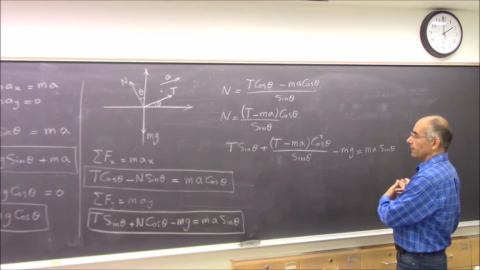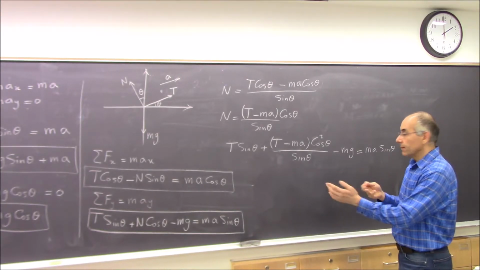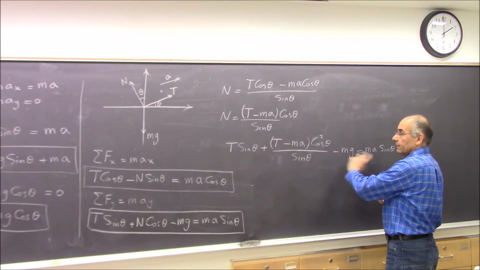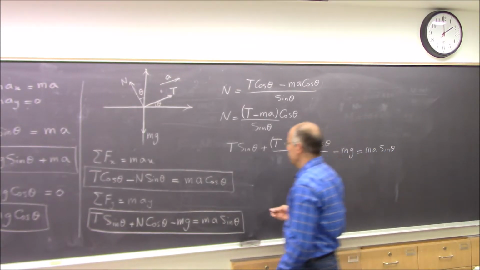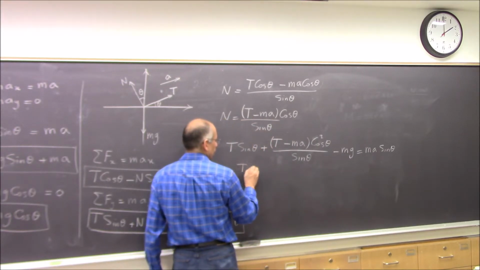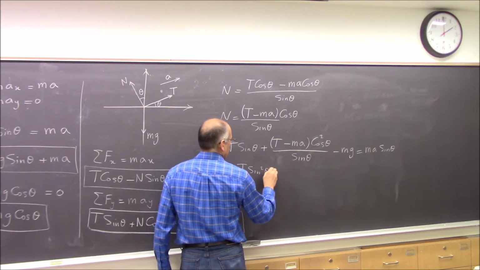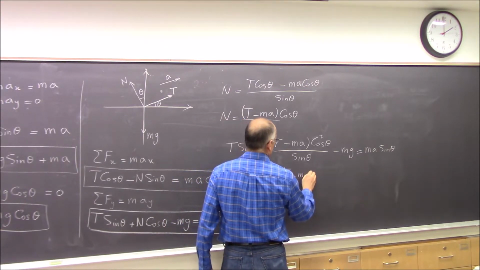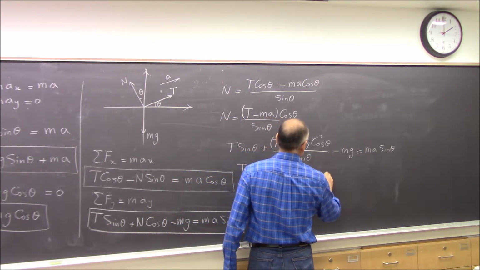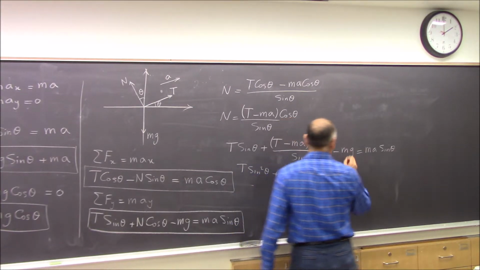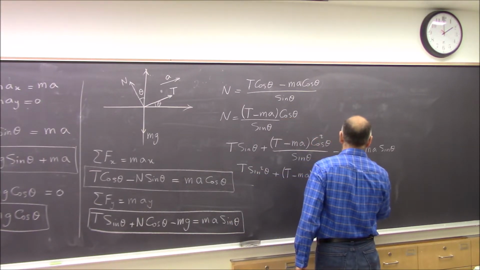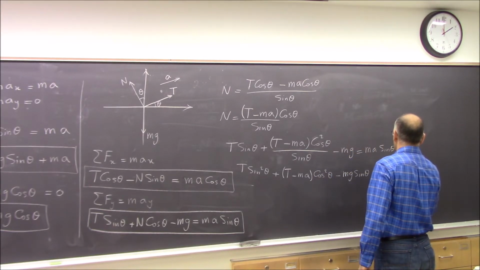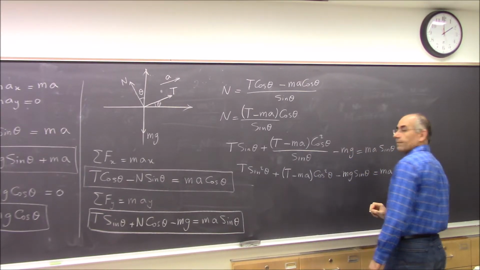And now if I multiply everything by sine theta to get rid of this denominator, it becomes T sine squared plus T minus ma cosine squared theta minus mg sine theta equal to ma sine squared theta. Right?